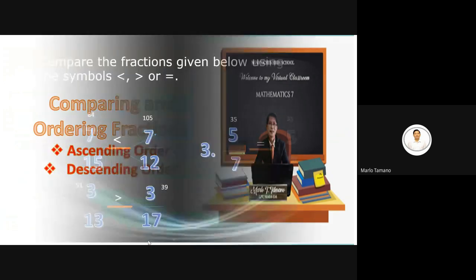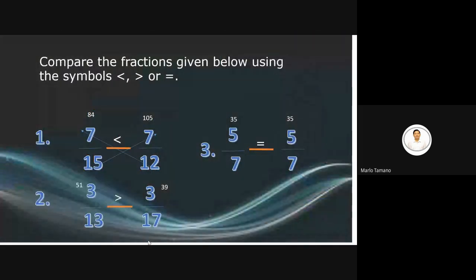Take a look at our example. Compare the fractions given below using the symbol is less than, is greater than, or equal to. Number 1, parehong 7 po yung ating numerators, tapos ang ating denominators, 15 at saka 12. Alin dyan ang mas mababang denominator? 12.